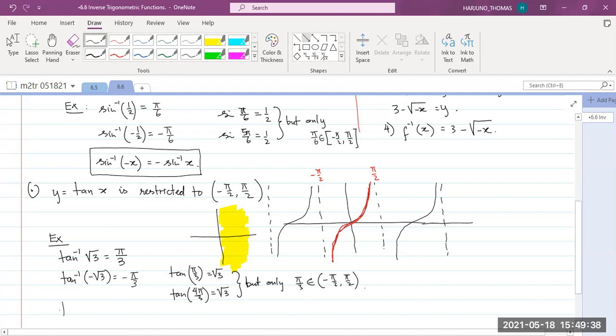Basically, tangent inverse of negative x is equal to negative tangent inverse of x.